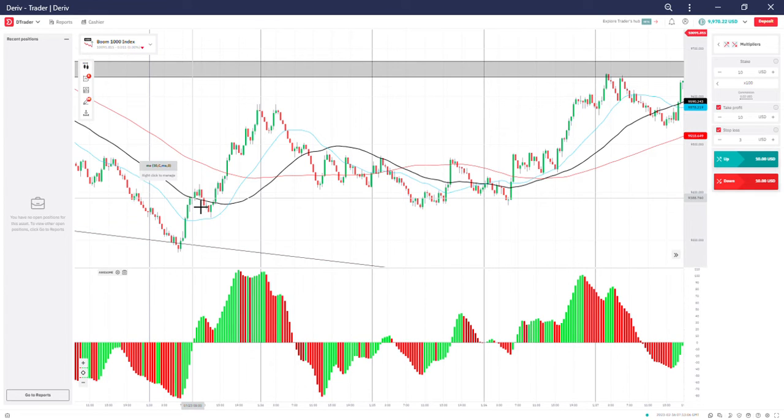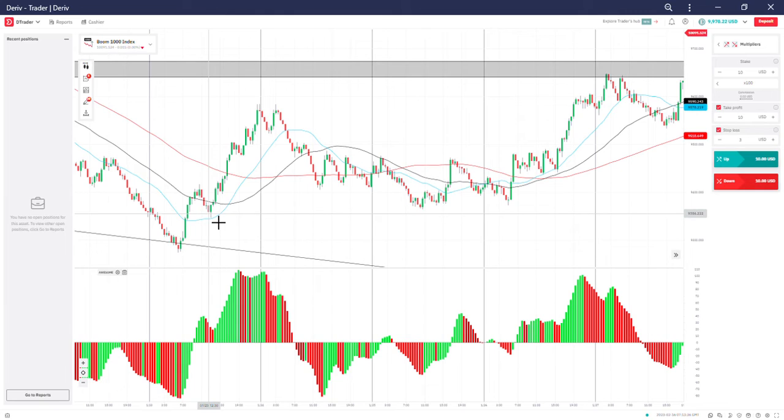I would take my buy trade here, and then set my stop loss just below here. Use proper risk management such that when a pullback is happening, it does not affect my mentality with the fear of losing a lot of money. So use a suitable lot size.